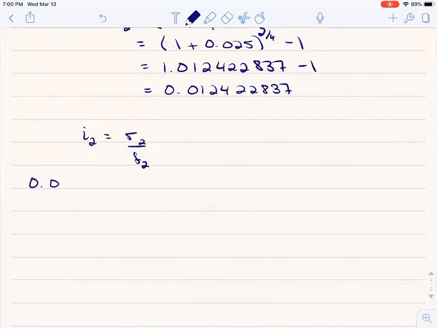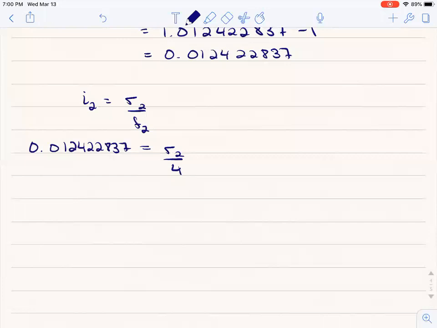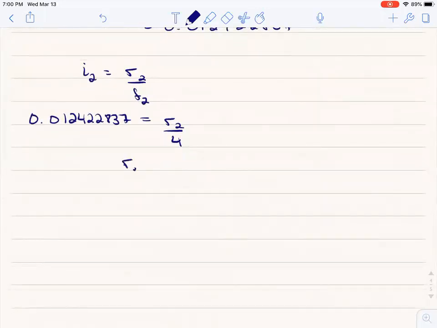I2 is 0.0124222837, which is R2 over 4. So this times 4, R2 must be 0.049691346.